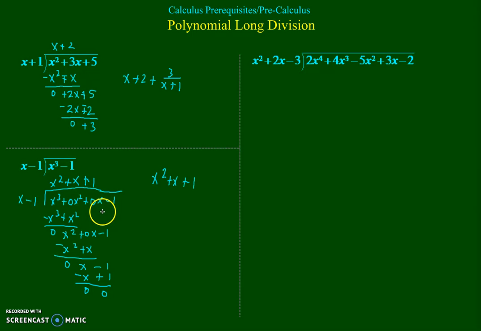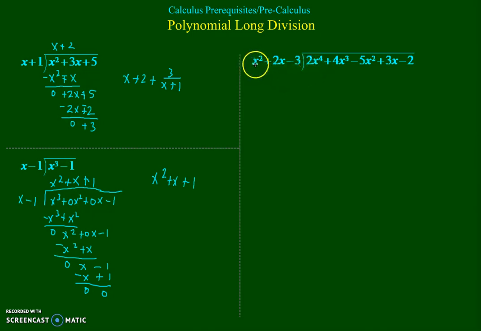All right, let's do one more. And this is a little bit longer polynomial long division, but it's the same process. Here we have a quartic, a cubic, quadratic, linear, constant. Here we have the right order, so everything's good. Let's just continue. What do we have to multiply this term by to reproduce this term?